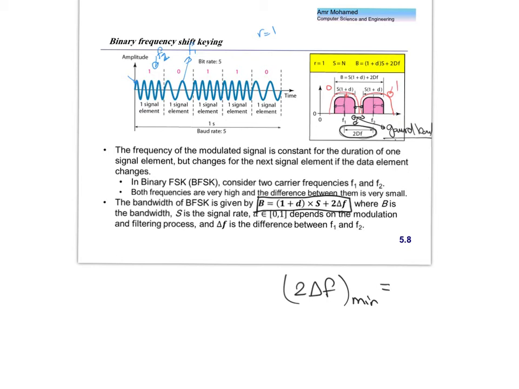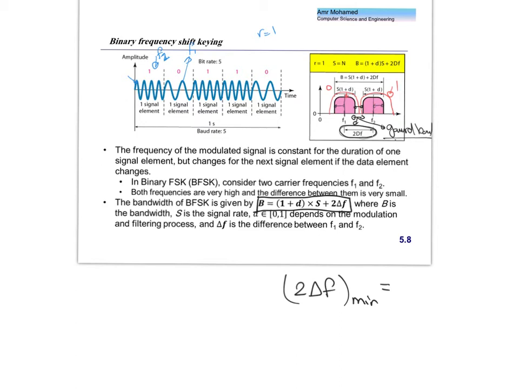The two halves should not overlap. That's right. So 2 delta F here. When these two are right next to each other, what is the frequency range between the two symbols?